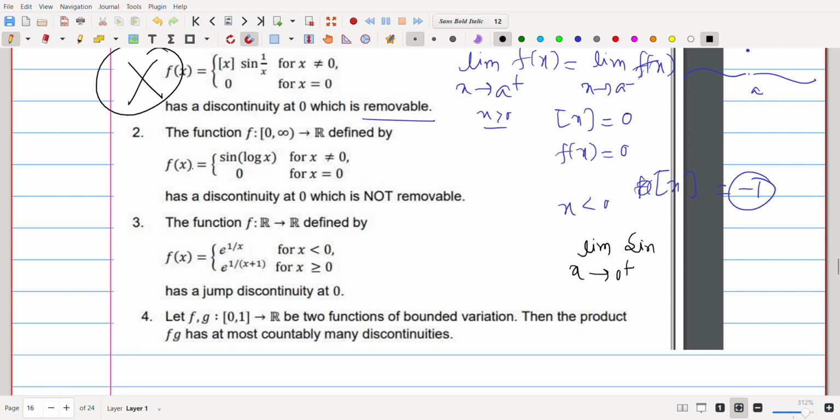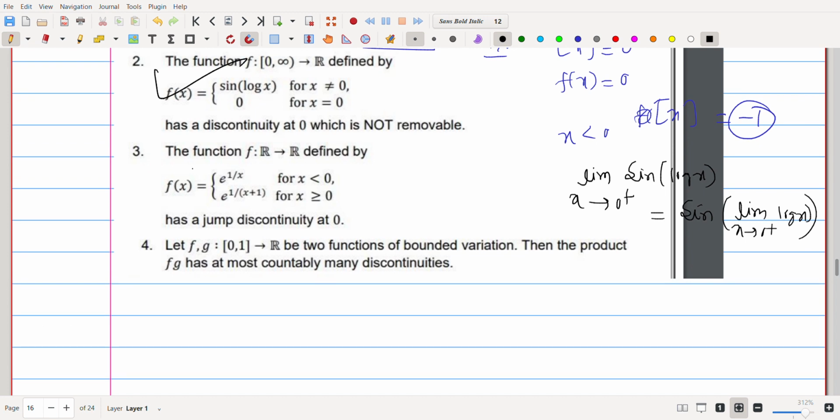Limit x tends to 0 plus of sine log x doesn't exist because sine is a continuous function, so I can write it as sine of limit x tends to 0 plus log x, but that doesn't exist, right? Because limit x goes to 0 plus of log x doesn't exist. So this is not a removable discontinuity. Hence this option is correct.